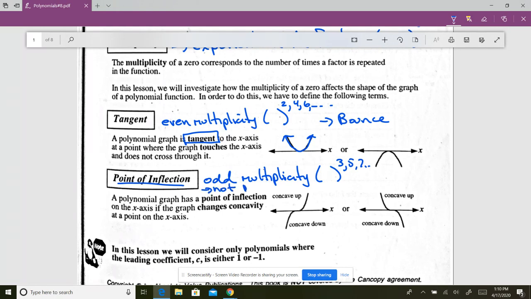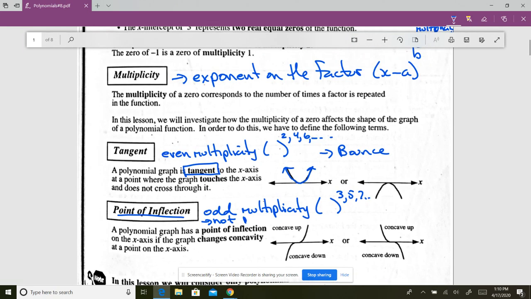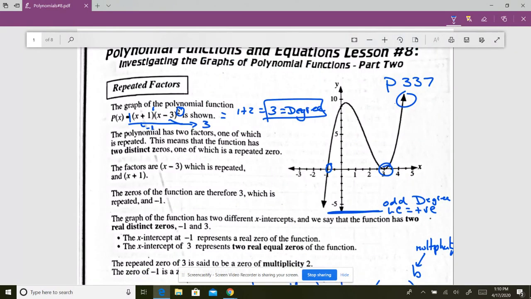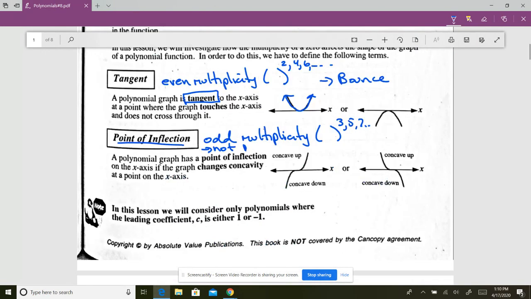Not 1. The multiplicity is 1. Go back up here for a sec. Like this x plus 1 here, the graph just passes right through. Okay. If it's any other multiplicity, 3, 5, 7, odd, you get what's called a point of inflection, which we're going to simplify as a POI.